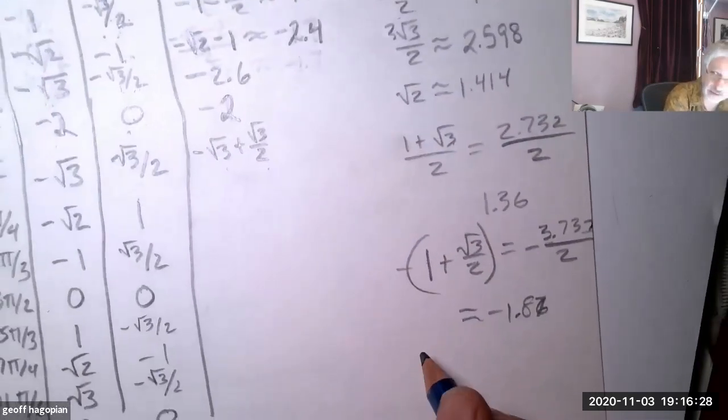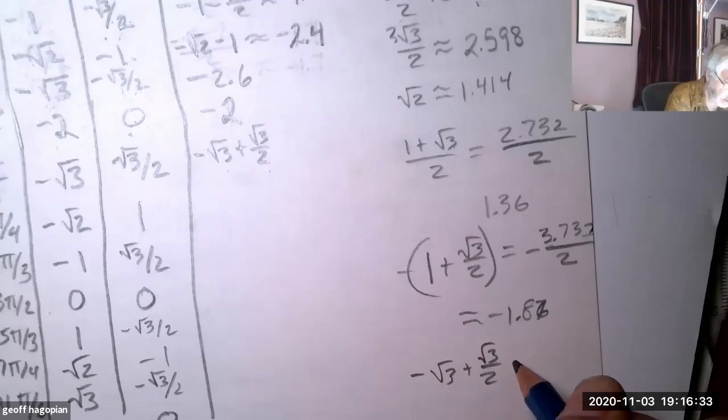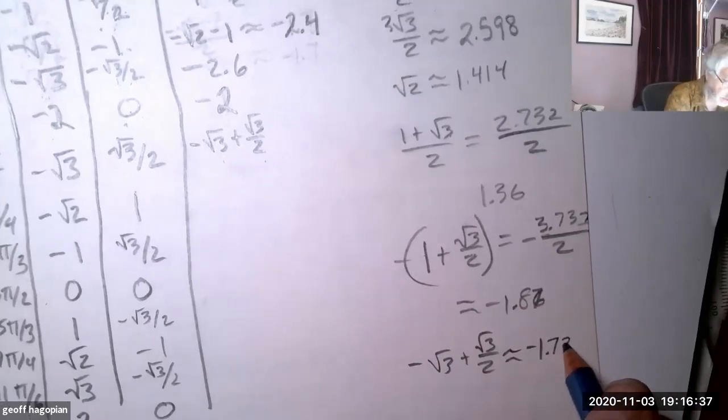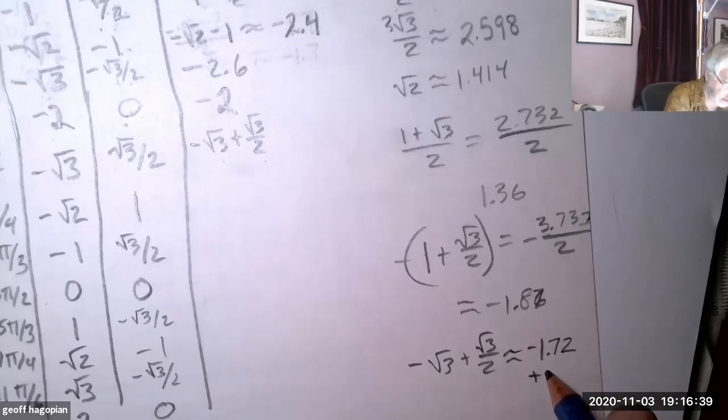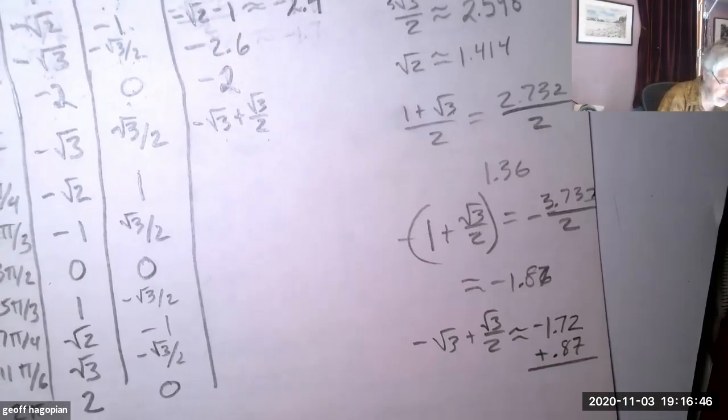Let's approximate that. Negative root 3 plus root 3 over 2. That's approximately negative 1.732 plus 0.87, 0.866. I'm going to round to the nearest hundredth there.